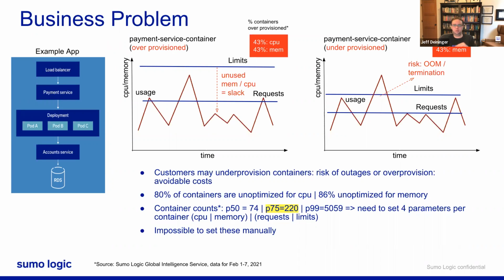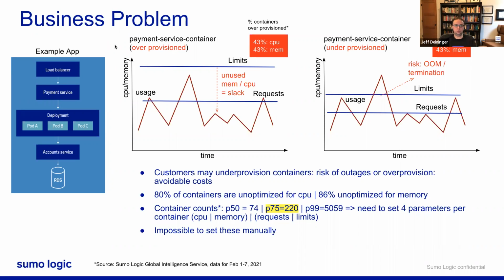And when you think about these 4 dials that you've got to set for each container, each pod, right? How much CPU and memory to allocate? What are the requests and limits to specify? It becomes really impossible to do this if you're relying on trial and error.